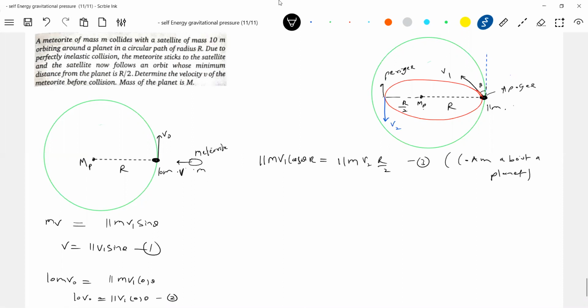So 11 v1 cos theta, r gets cancelled, and 11 also gets cancelled. This is equation 3.